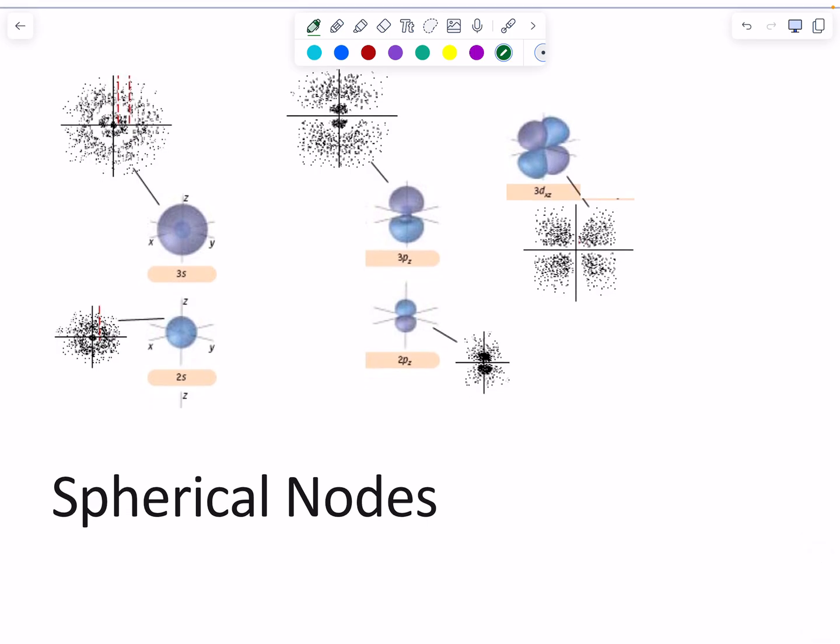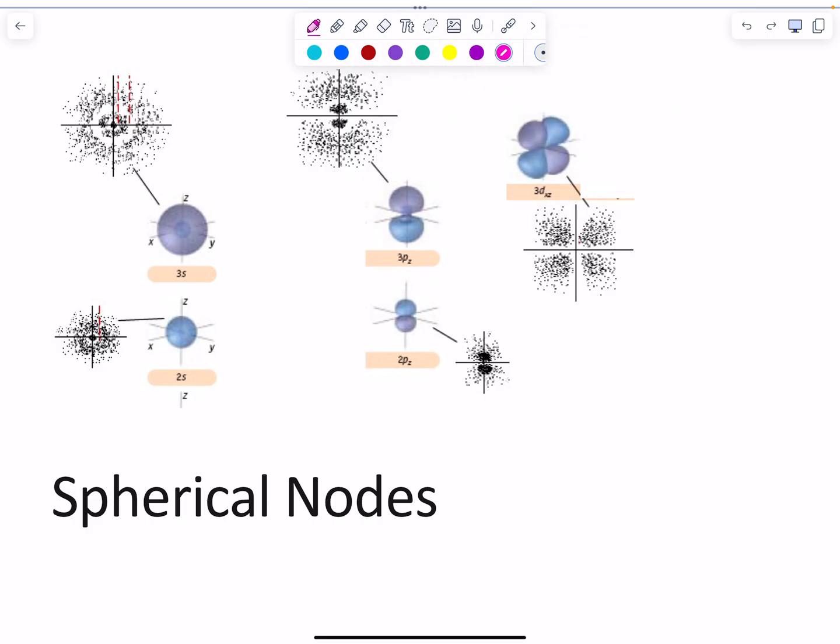Now we also have regions of space that are what we call spherical, ball-shaped, where electrons aren't going to be. Okay, so spherical nodes are things like you see here. I'm going to use a color that shows up better. It's one of the things I love about my tablet, I can use pretty colors.